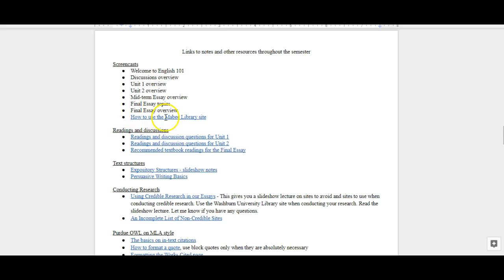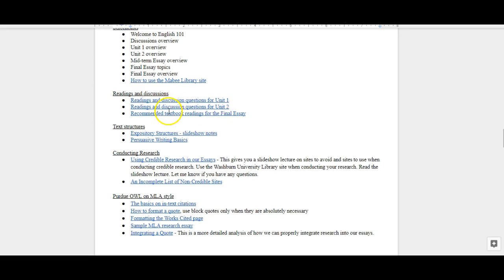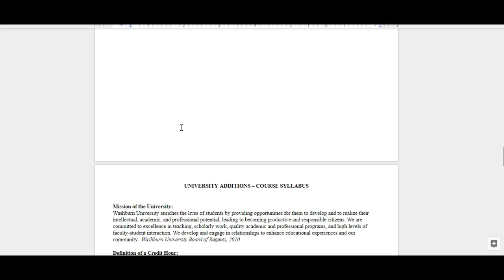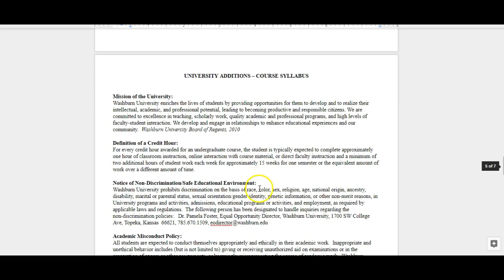Notice that we do have a how to use the library site, readings and discussion, recommended textbook readings for the final essay, text structures, conducting research, and then an overview on MLA style. We are going to be using MLA style throughout the entire semester, so make sure that your essays are formatted using that. The last part is the university editions, various things that Washburn requires us to have in there.